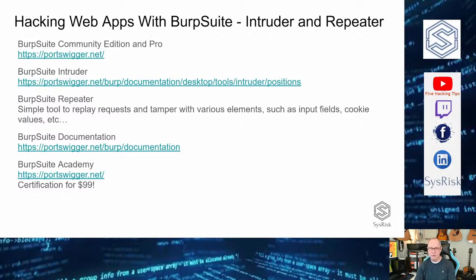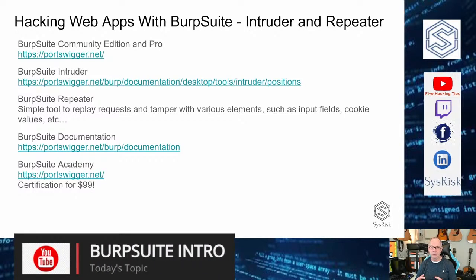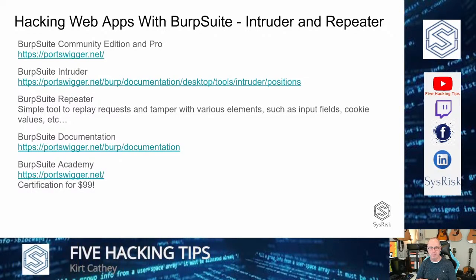The difference between the Community Edition and the Pro Edition for BurpSuite, and here we've got the website, it's at portswigger.net, is that within the Community Edition there are certain things related to scanning that may not be as featureful. And then there are other things, for example the compare, the logger, the extender, and some other advanced tabs.